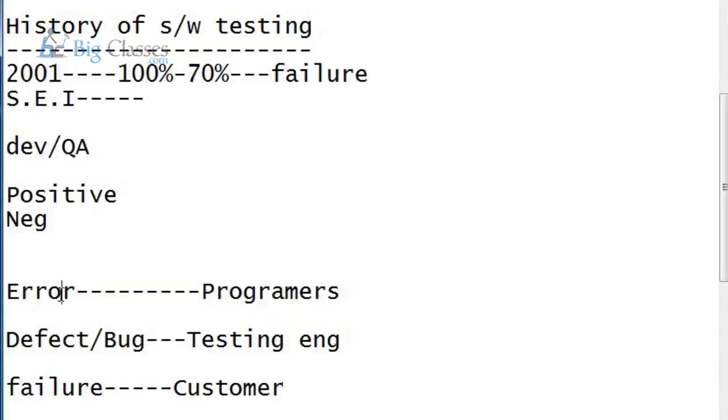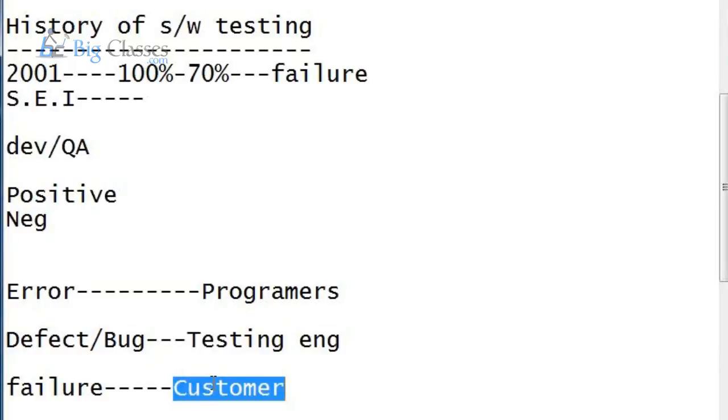But a mistake in the code is called an error, used by programmers, and defect or bug is used by testing engineers when the expected value is not equal to the actual value. Next, failure: if the customer faces any problem with the application, the customer uses the term failure.